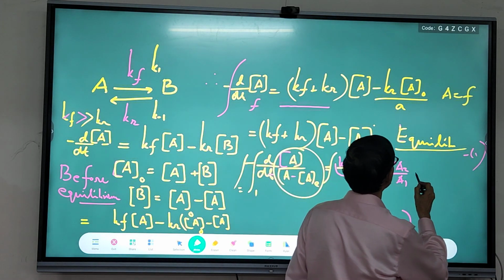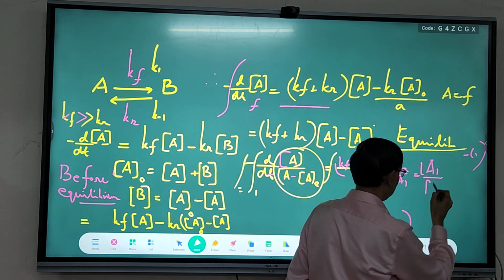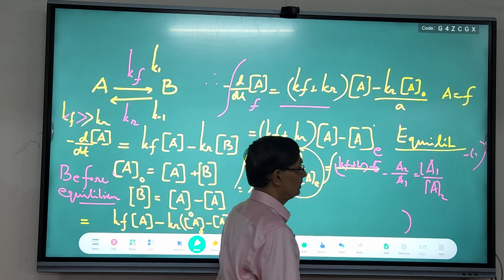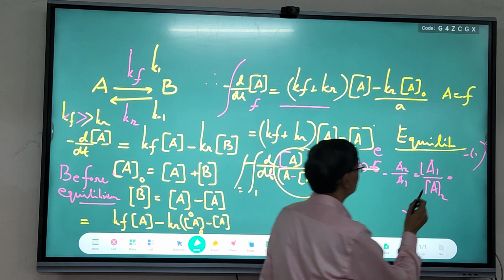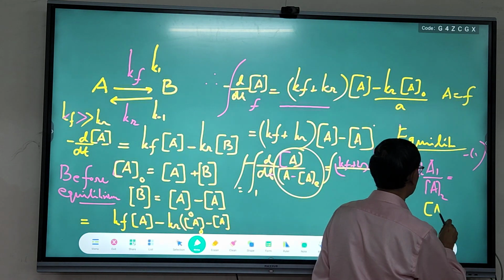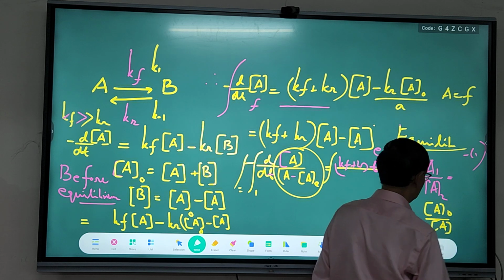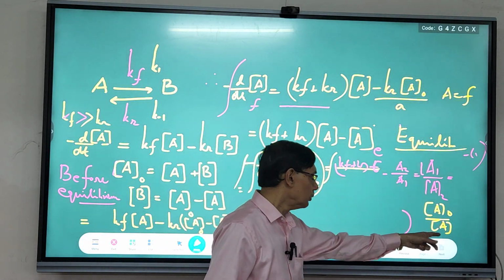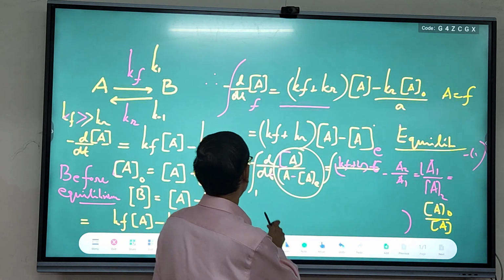So I can write A1, A2. Same thing at T is equal to 0. So you can write A0 and A. Initial or final, or sometimes in some books it is written like the T, total concentration. You can write T. So same thing.